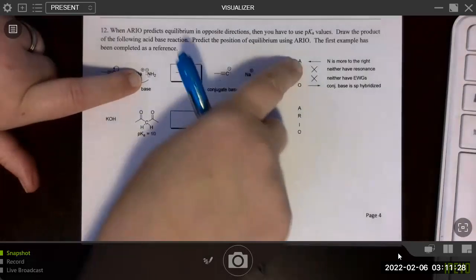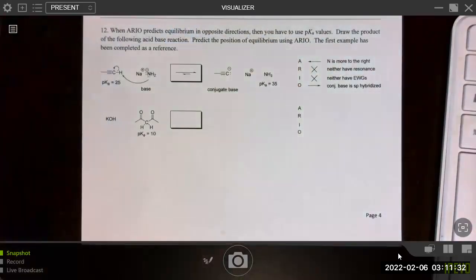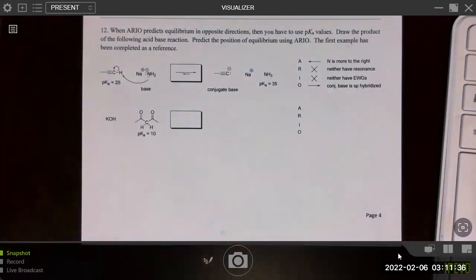So ARIO would tell us we have to look at the atom first. That's more important than the orbital, and in 98% of the cases, that will be correct. It's just that it's a pretty small difference in terms of the atom and a larger difference in terms of the orbital. And so it doesn't work out that we predicted it correctly using this way of prediction, which is described in the Klein book.